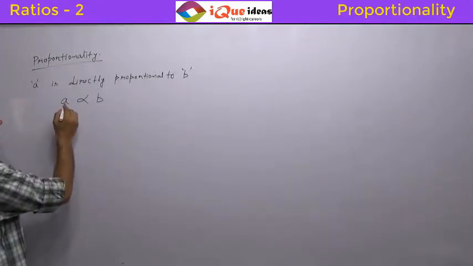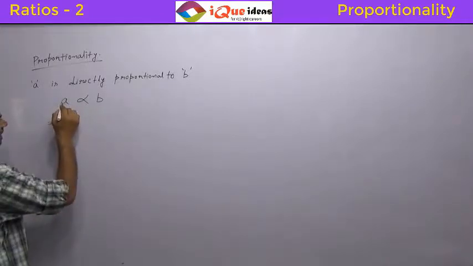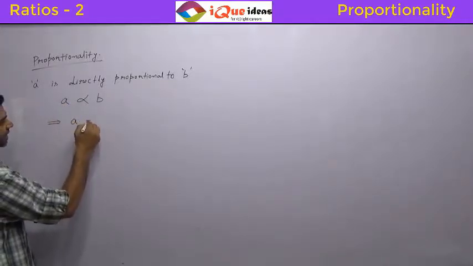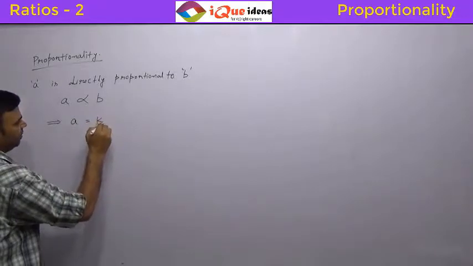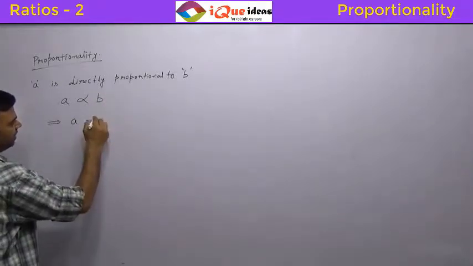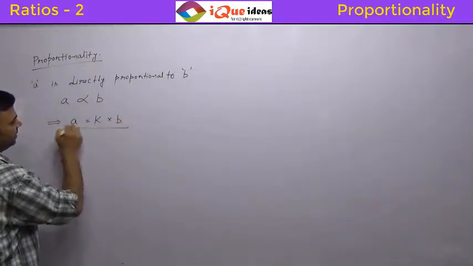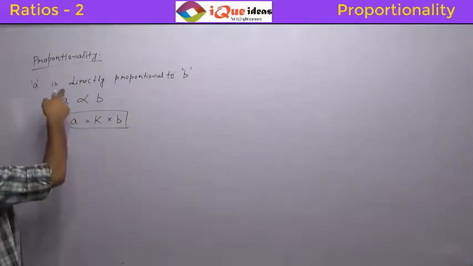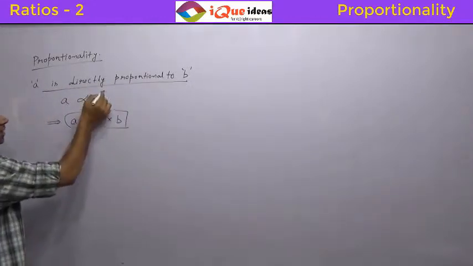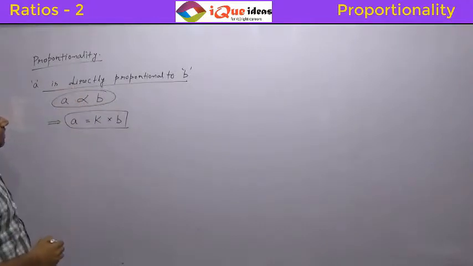Let's see how. This implies that mathematically A can be written as a constant value K into B. That's it. So when we say A is directly proportional to B, you may not be required to write this or to be aware about it. You can directly go to this situation.